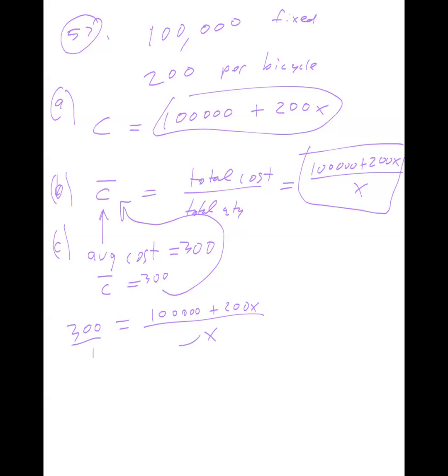Cross multiply. So 300 times x is 300x. And now really, we don't need to cross multiply 1 because 1 times anything is just equal to itself. So 1 times the top of the right side is just going to equal the right side again. So the top of the right side does not change. Wow, there we go. So we get that.